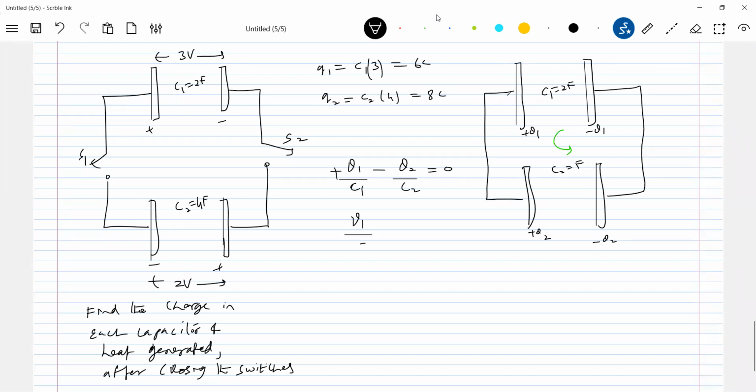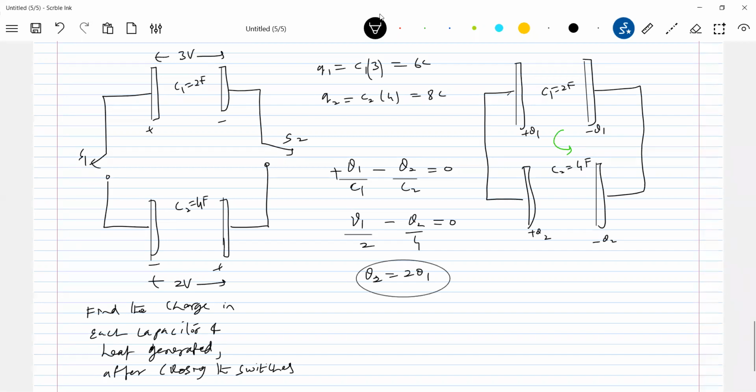So C1 is 2, so Q2 equals 2Q1. Yes, correct, sir. C2 is 4F, no? Yeah. Okay, we got the relation between charges.